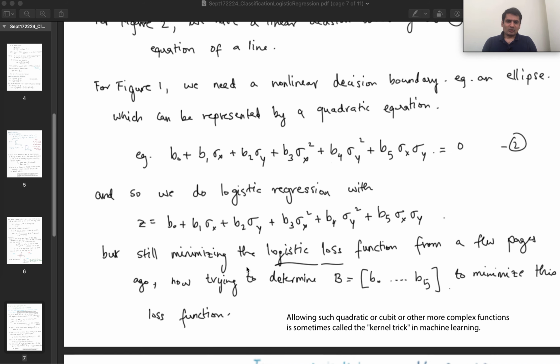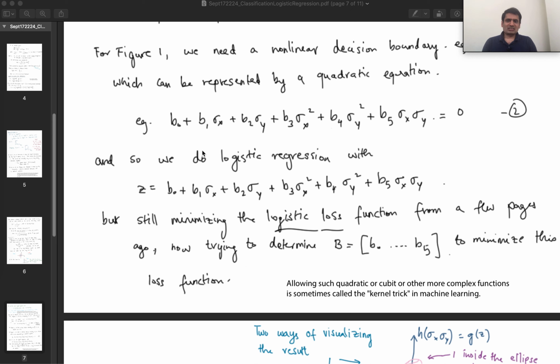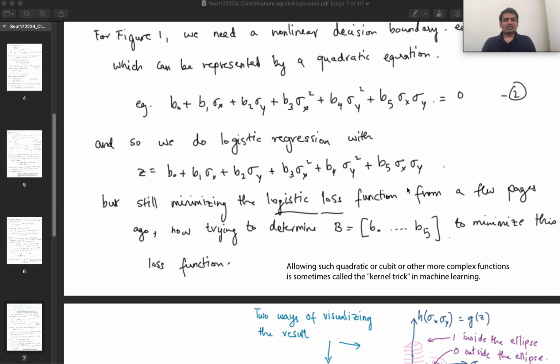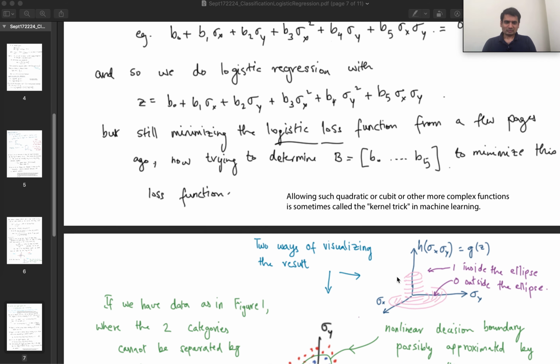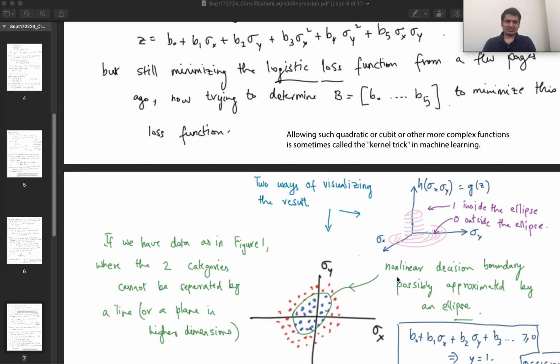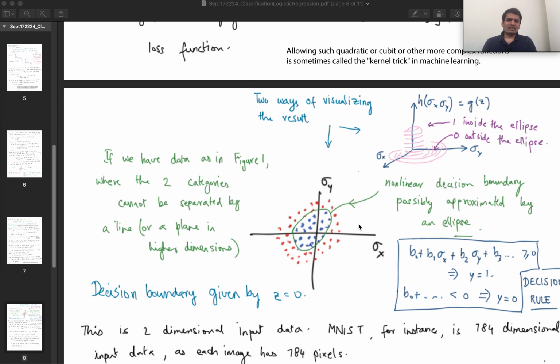Okay, so sometimes this procedure of essentially using nonlinear terms here, sigma x squared, sigma x sigma y, or cubic, you can imagine other nonlinear terms, is sometimes called a kernel trick in machine learning. So that's something else. And then this is something that we already looked at in the MATLAB version.